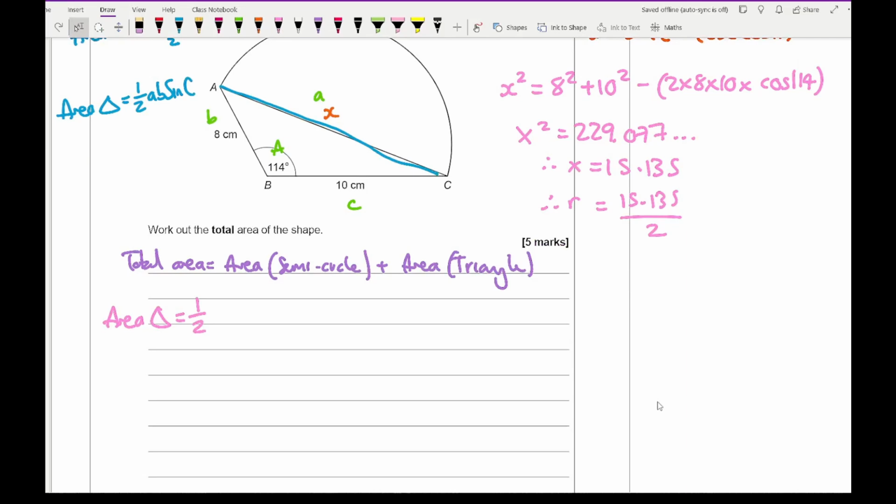that's going to be a half times 8 times 10 times sine of 114, and that gives me an answer of, let's just work that out now, 0.5 times 8 times 10 times sine 114, and it gives me an answer of 36.541 and so on.